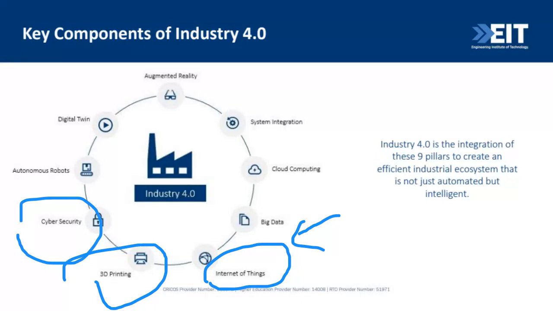Cybersecurity is another interesting topic, because it will be a very important part of your and my and everyone's lives in the next few decades, because nowadays one of the most valuable things is data. Data is very powerful.